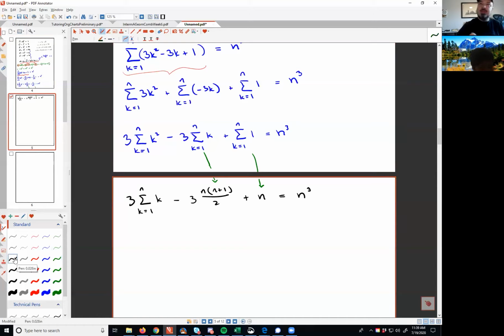Now we can isolate and find a formula for the sum of the first n positive squares. Oops, I miswrote that. There we go. So 3 times the sum of the first n positive squares equals n cubed plus 3 times n plus 1 over 2 minus n.